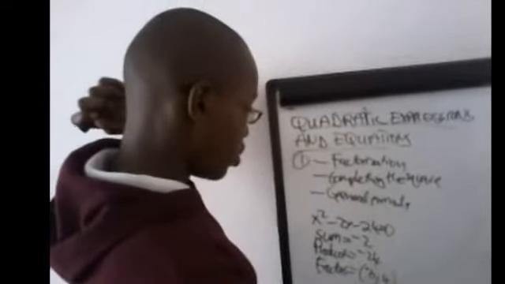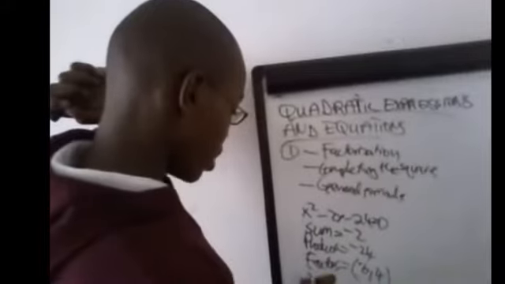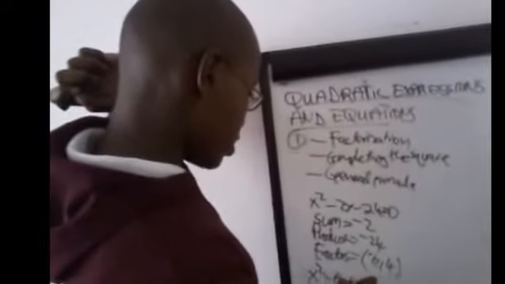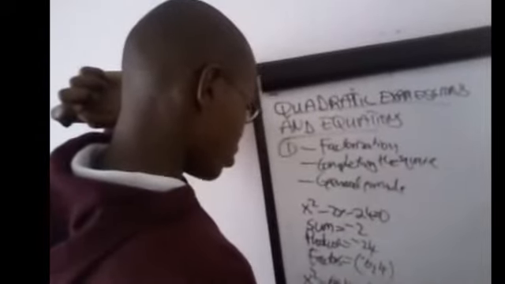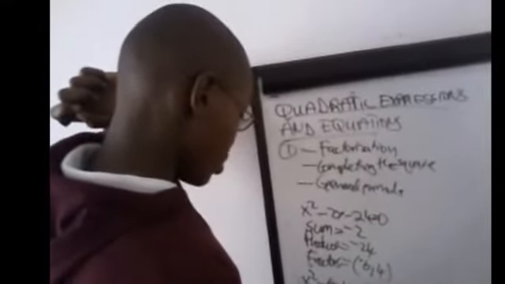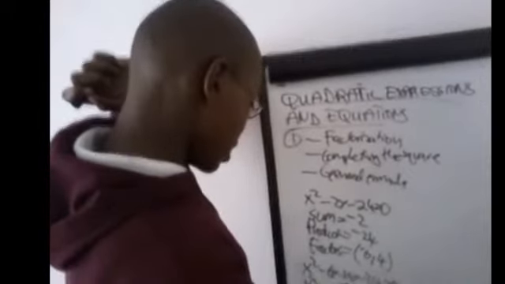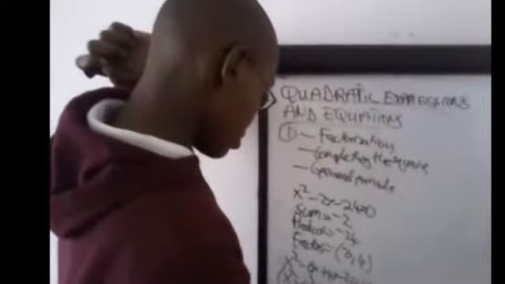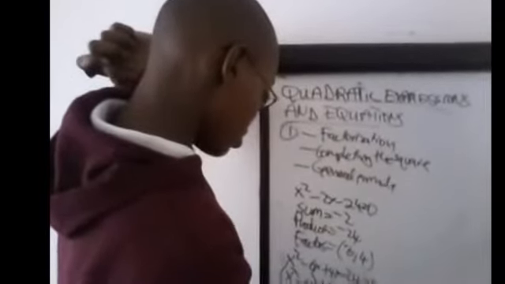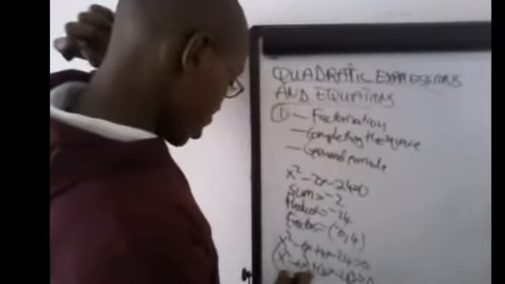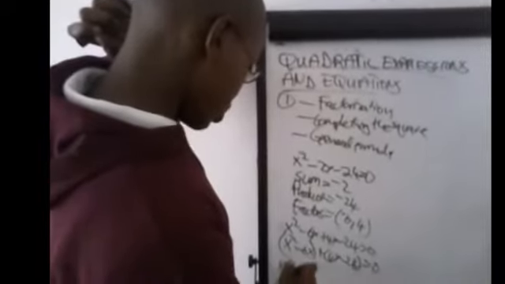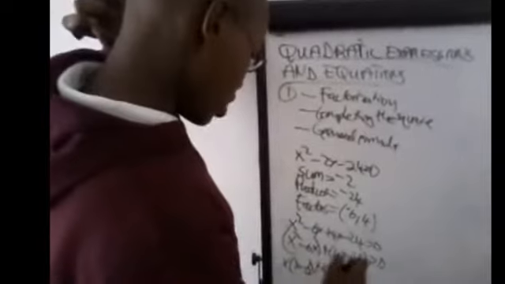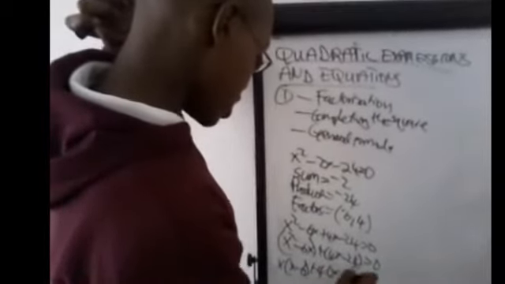So we split the middle term and get x squared minus 6x plus 4x minus 24 equals 0. It will be (x squared minus 6x) plus (4x minus 24). X is common, so we take x out and it will be x(x minus 6) plus 4(x minus 6) equals 0.